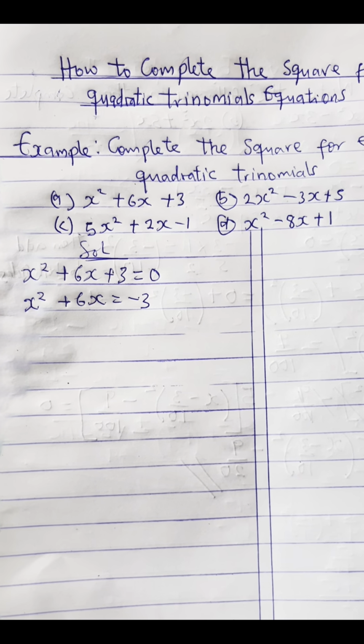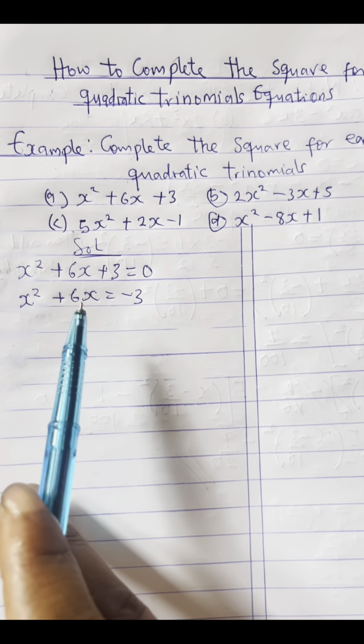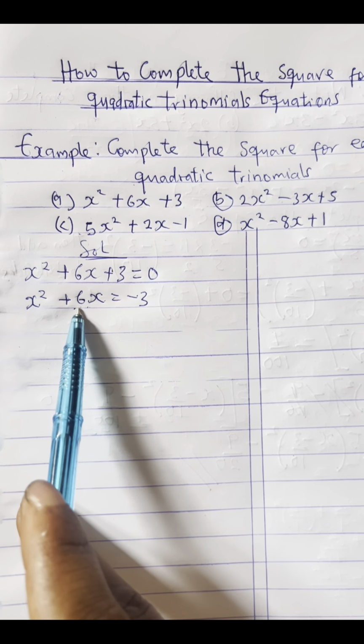So after I've done that, the next thing I can do now is look for the coefficient of x. What is the coefficient of x here? That is plus 6.